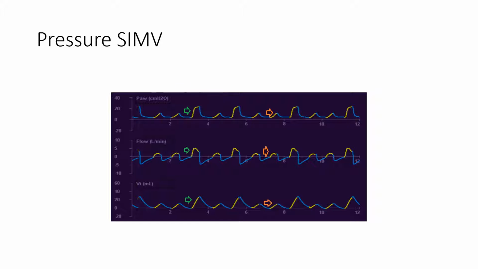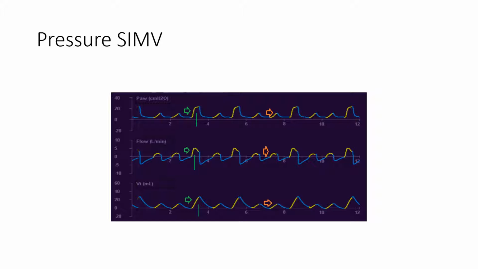Remember in pressure SIMV, the patient can still initiate their own breath, and if it is one of the set rate breaths, it's going to get full support from the vent. So that's what this green arrowed breath right here is. The patient initiated the breath and then the ventilator fully supported it.